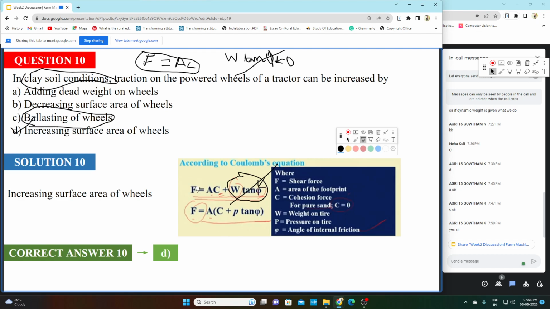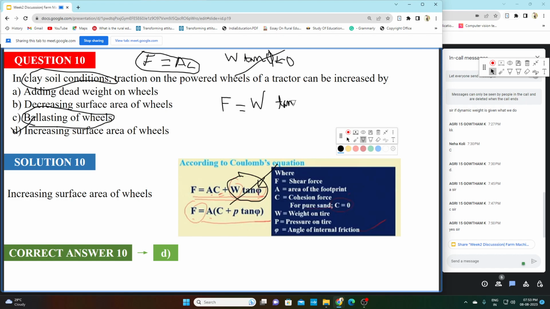Now suppose you are asked about sandy soil. Very interesting question. For sandy soil, C tends to 0, so your equation will be F equals W tan phi.